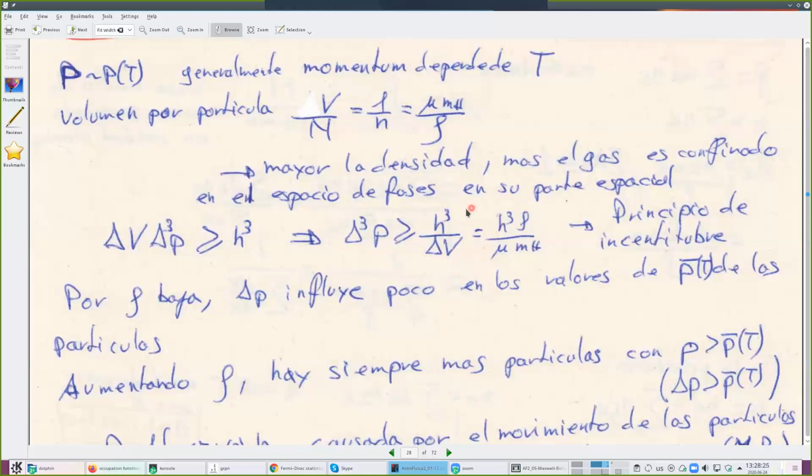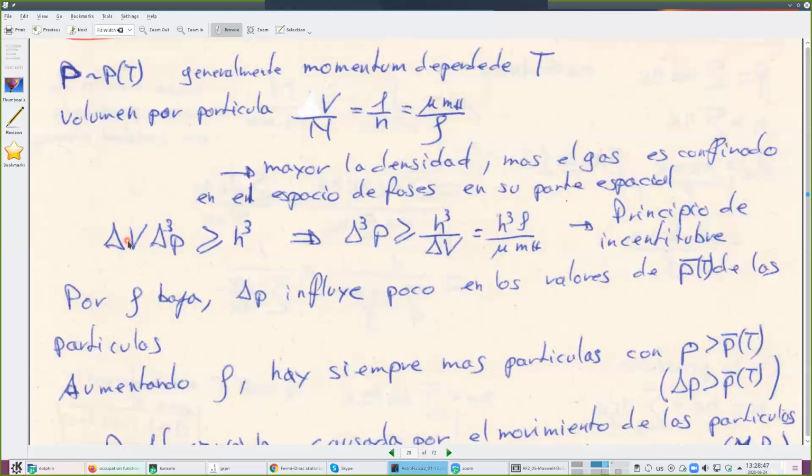And then here the uncertainty principle comes in, which says that position and speed, since they are two conjugated variables, the product of their uncertainties cannot be made as small as we want.